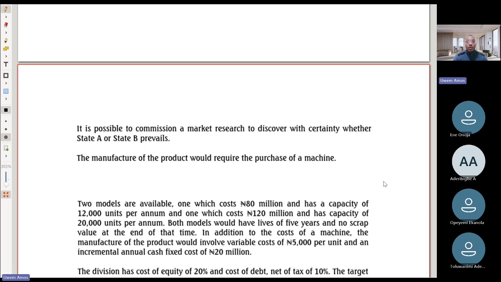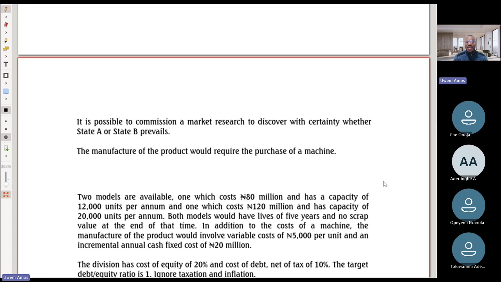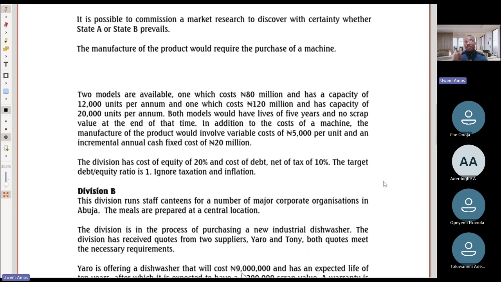The manufacture of the product will require the purchase of a machine. 2 models are available. So they need a machine to even begin to produce, and there are 2 models of the machine. One of the models costs 80 million and has a capacity of 12,000 units per annum. And one costs 120 million and has a capacity of 20,000 units per annum.